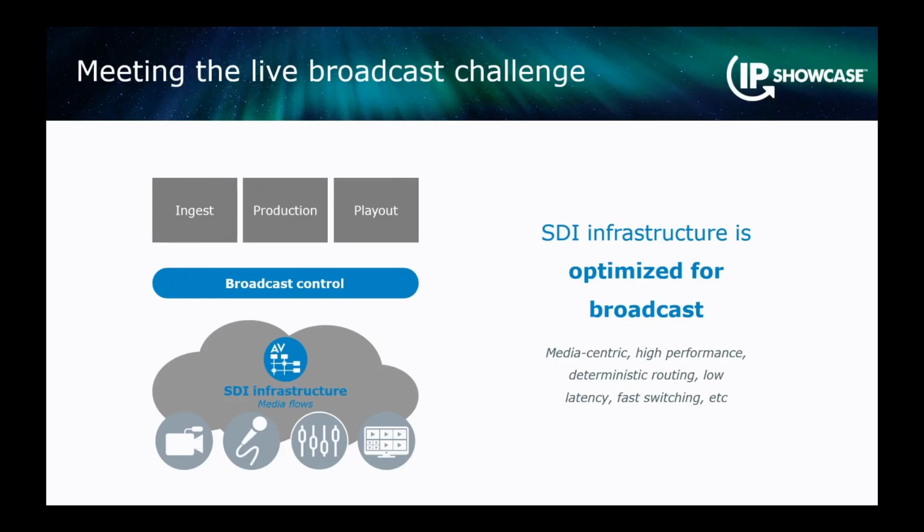They have some prerequisites that we've gotten very used to and like very much. It's media-centric, so those types of infrastructures are very dedicated to one particular application. They're very high performance. We have deterministic routing, so we know exactly where signals are going. We can even follow signals through a cable in a direction, only one signal per cable. And if we need to switch between sources, it's very fast and seamless. That's the measurement point we're trying to meet.